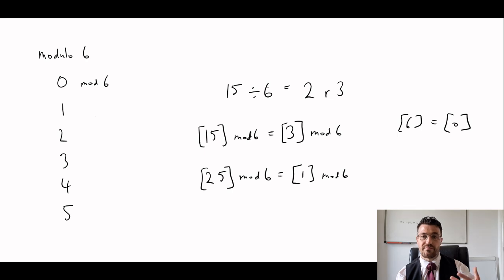What we're saying is that the remainder when 6 is divided by 6 is 0. In the same way, 15 modulo 6 equals 3 modulo 6 means the remainder when 15 is divided by 6 is equal to the remainder when 3 is divided by 6, which is 3. That's the idea behind modular arithmetic.